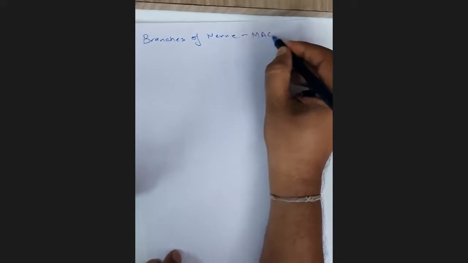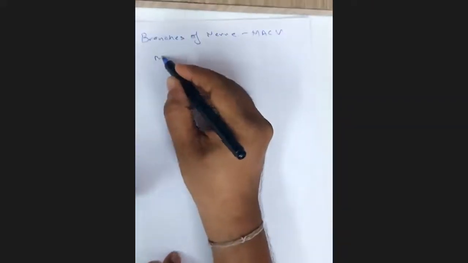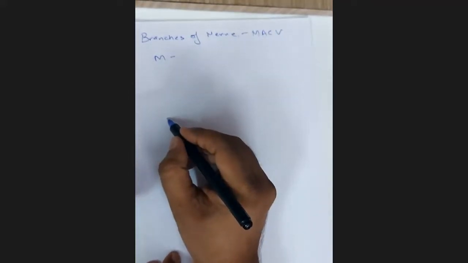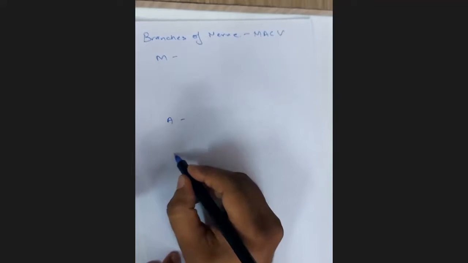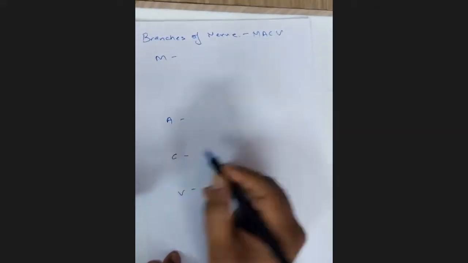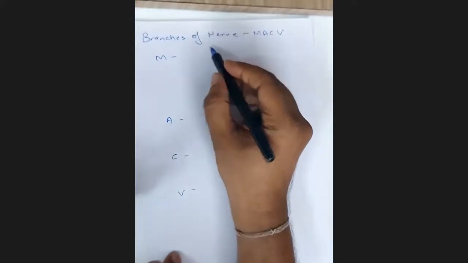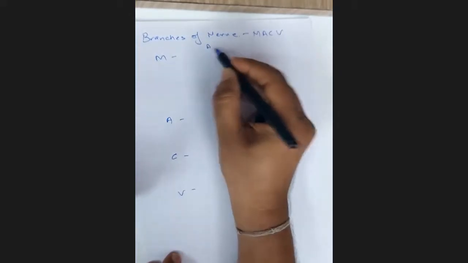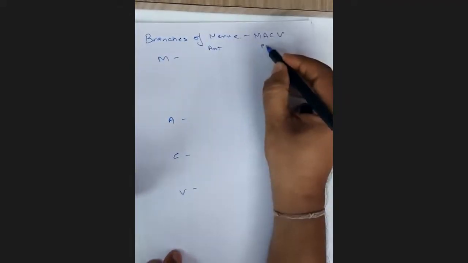Here we have MACV. So muscular branches, then articular branches, then cutaneous branches, and vascular branches. So with femoral nerve, we'll have to write all these branches, but we'll have to write for the anterior division and we'll have to write for the posterior division.